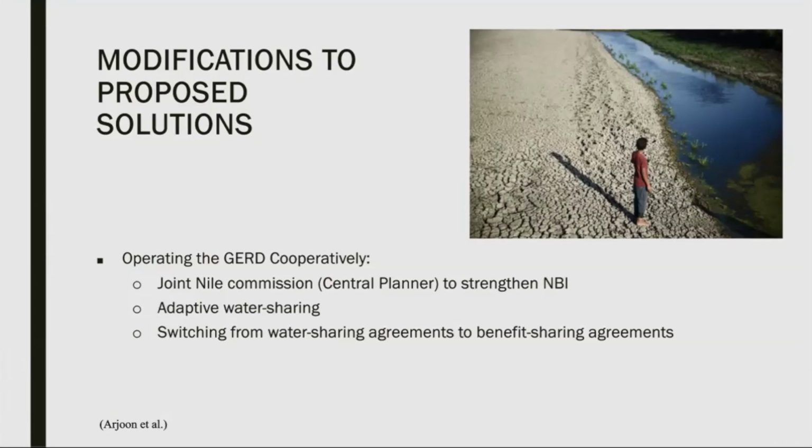And as we know, Egypt is the one that primarily uses the water, and it's their sole or almost their sole source of fresh water. So an option would be if Egypt and Sudan buy the electricity that Ethiopia is generating with the GERD dam, and that way Ethiopia earns a certain amount of revenue, and they're compensated for releasing water in the drought periods.